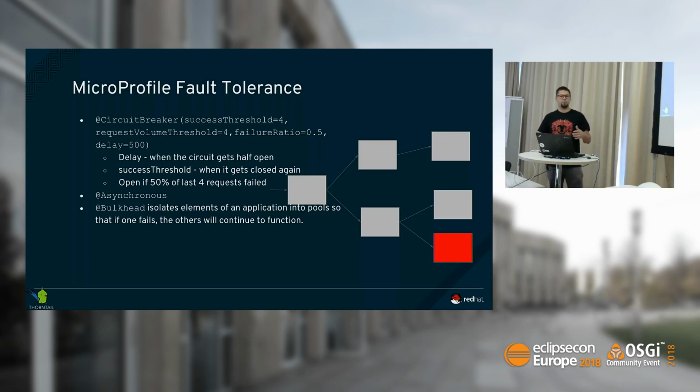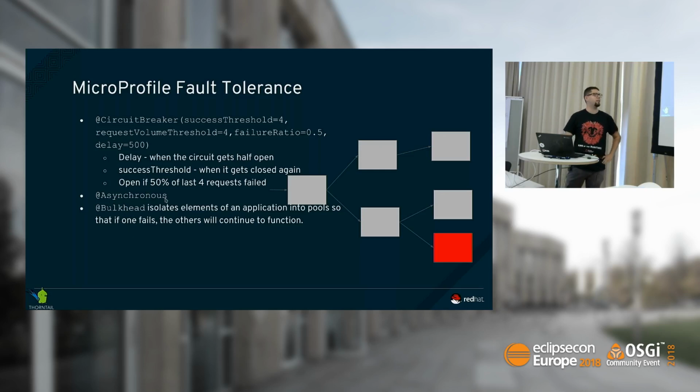And after some specified time, the communication will be retried, and if it's successful on a number of consecutive attempts, then the circuit breaker would get fully closed and the request will just normally go through.